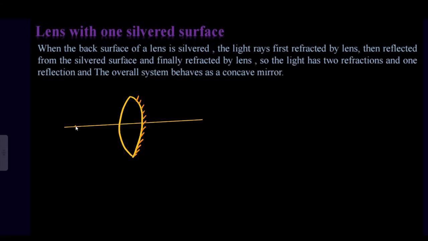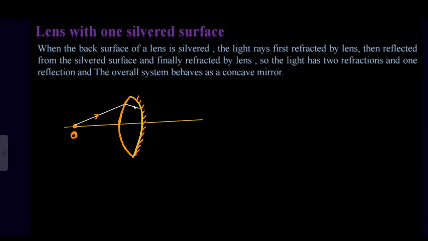So if the object is here, let us consider. See in this case, this light ray, what happens now? The light ray which is incident on this surface, because of the lens, the light ray will get refracted and changes its path like this.